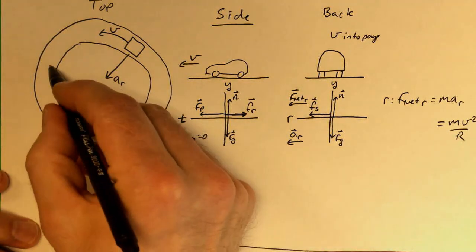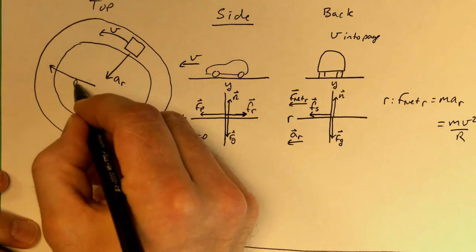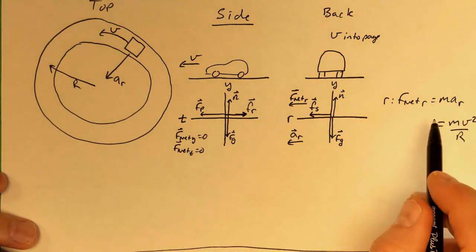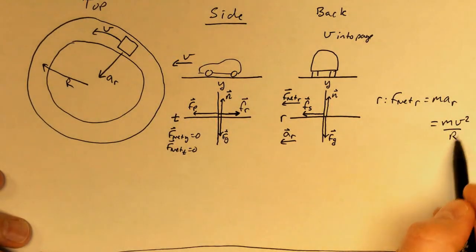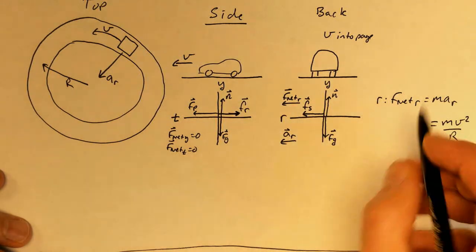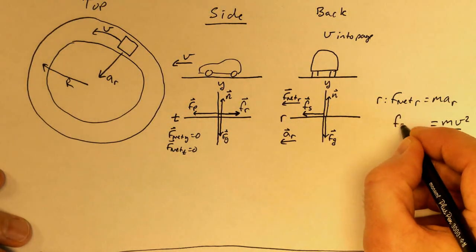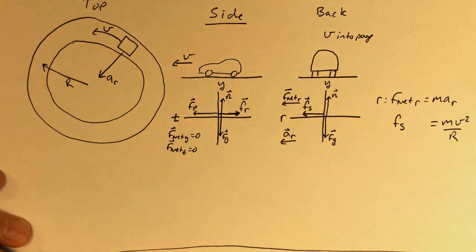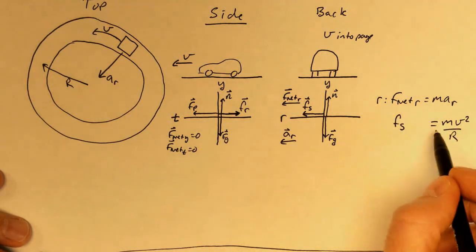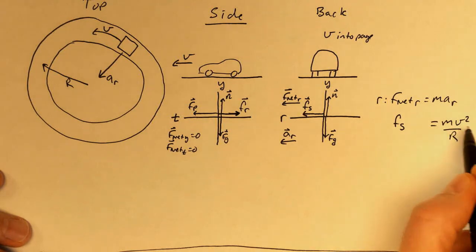So if the radius of this curve is big R, this direction-changing acceleration is v squared over R. Now what is F net? I only have one force in that direction, and so that's going to be this static frictional force. This is what's causing that acceleration, and this is how big it is.